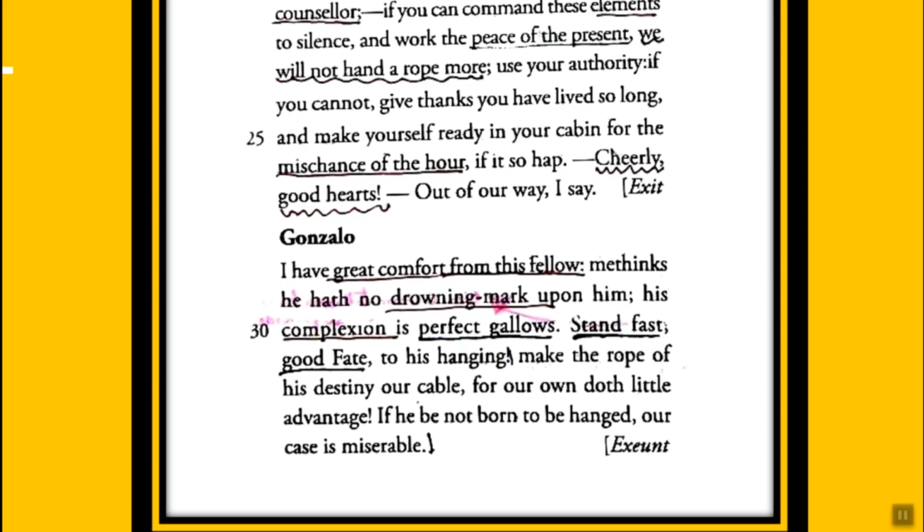O fate, do not change the mode of his death, and do let him die by hanging. Only his destiny, which is to die by hanging, can now save us, because our own destiny can help us little. If this man is not to die by hanging, then we are doomed. Means then we are also going to die.